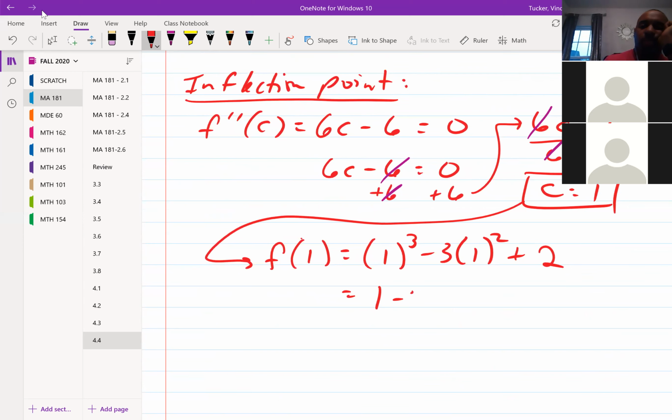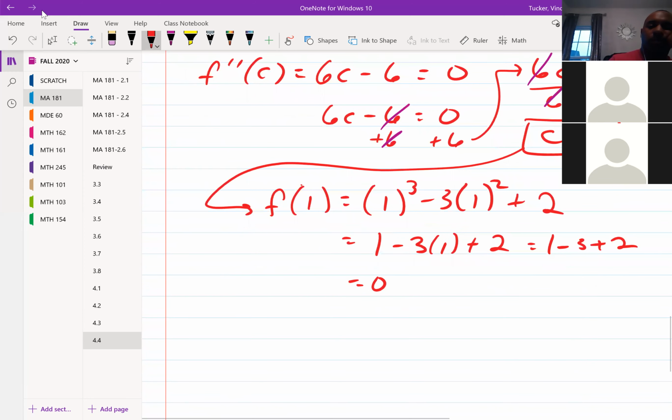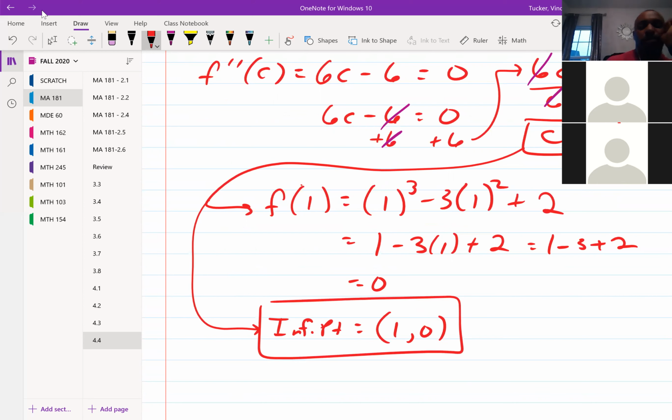All right, so that's 1 minus 3 times 1 plus 2. 1 minus 3 plus 2. And that is 0. So we have an inflection point at (1, 0). All right. That's where the concavity changes.